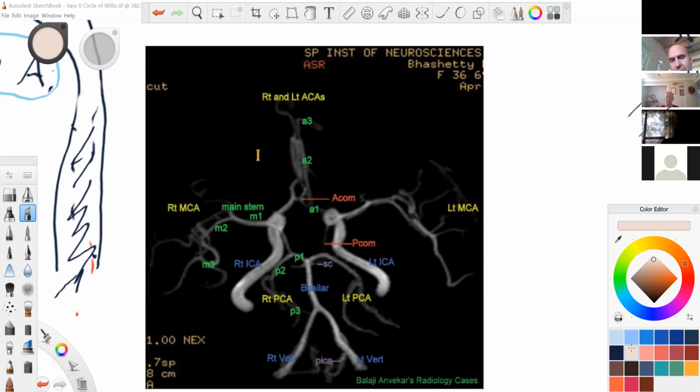So they have ACOM, whereas I had ACOA, but you could see it's the same thing. The A is assumed, it's all arteries in here, and they just put COM in rather than CO. But look at this tiny little vessel right there. That is the anterior communicating artery.